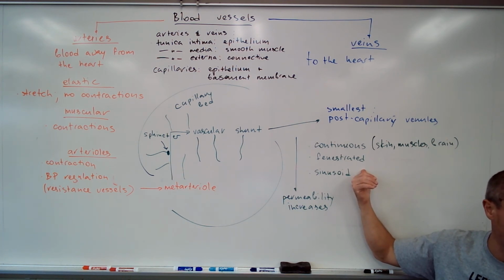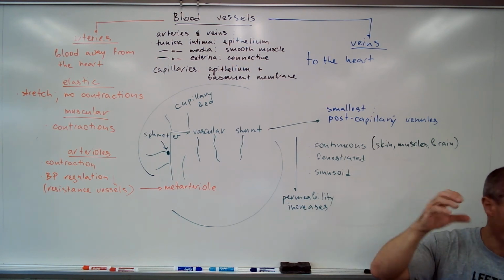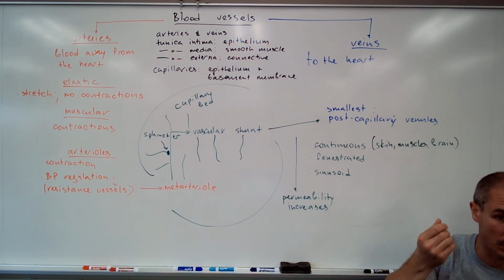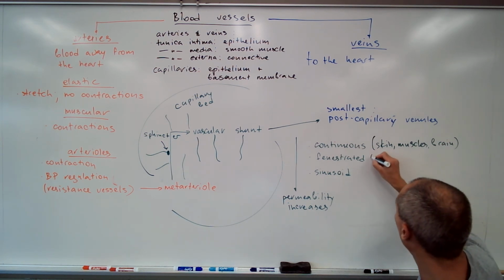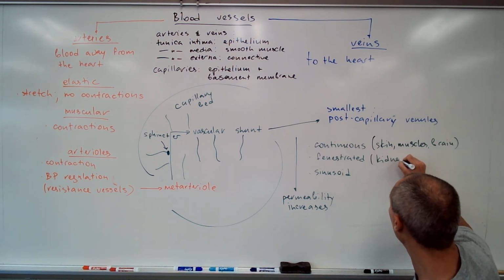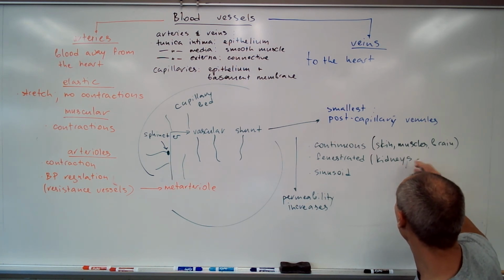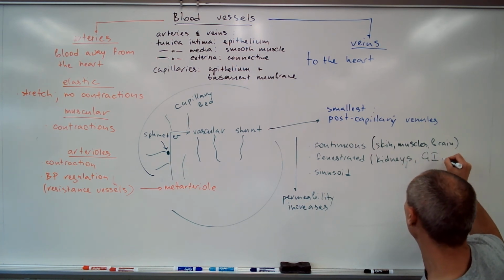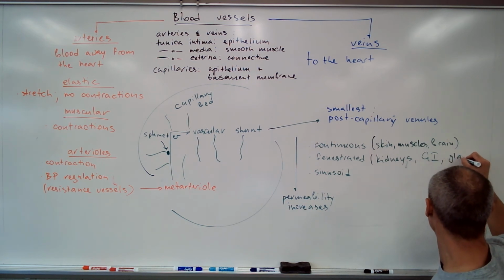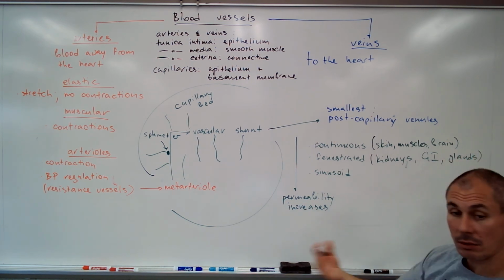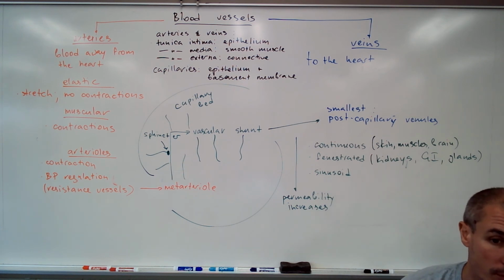In French, la fenêtre, it's the window. So small openings, basically. Those capillaries have openings, fenestrations. So kidneys, GI tract, many endocrine glands. You need to kind of shuffle the stuff back and forth. Are you with me so far?